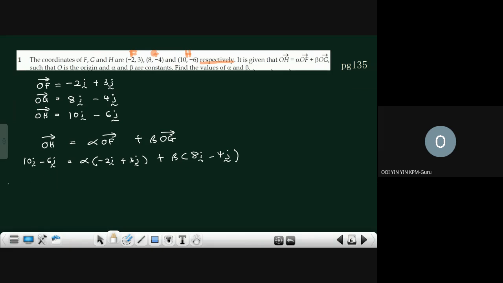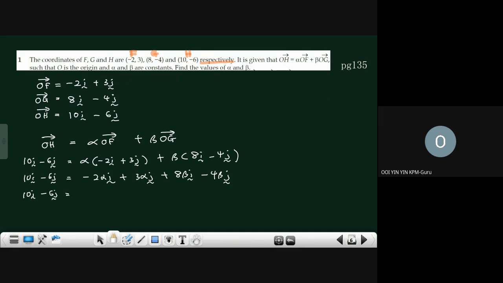What we do here remains the same, no changes here, there is nothing to add or subtract. Here, you multiply in your alpha and beta. Then you get -2 alpha i plus 3 alpha j. Here also the same, 8 beta i minus 4 beta j. Then you know what I want to do? Can you guess what to do next?